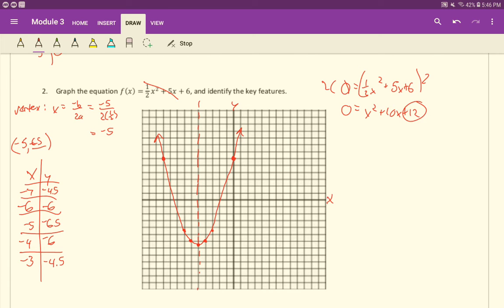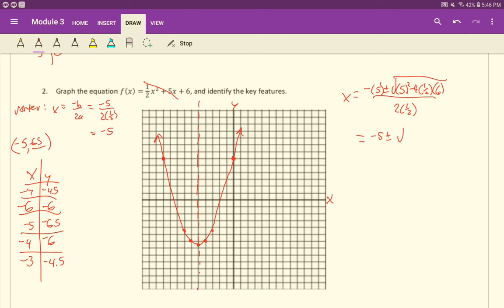Can we come up with two numbers that multiply to 12 but add to make 10? The answer is no.